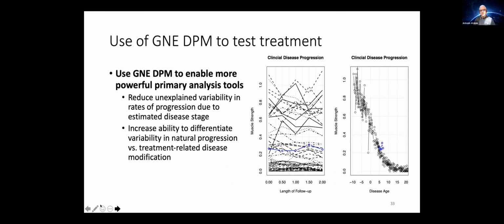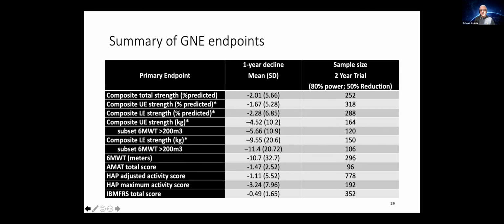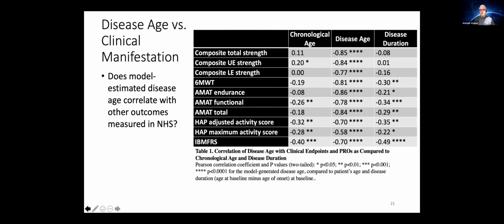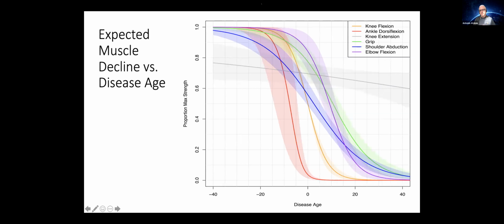But can we hope that every muscle disease in a way will have such a profile in terms of muscle weakness?